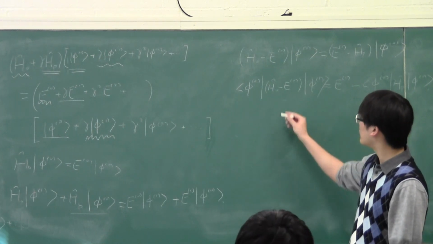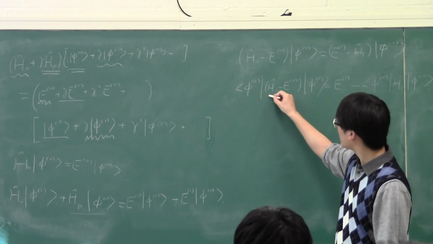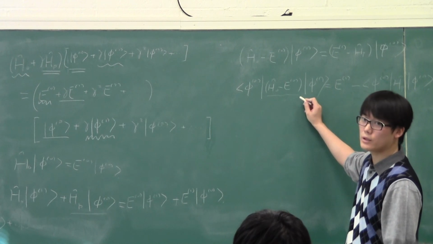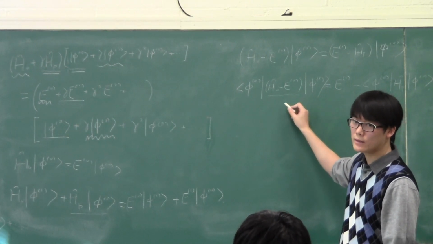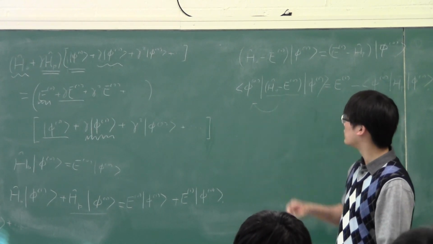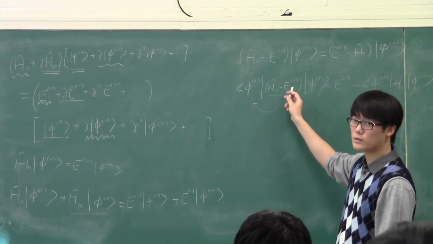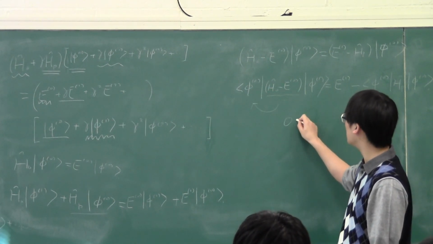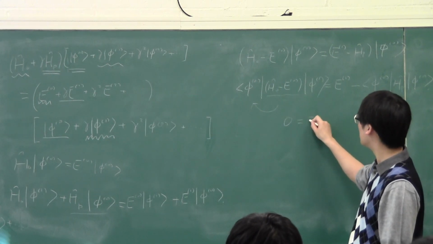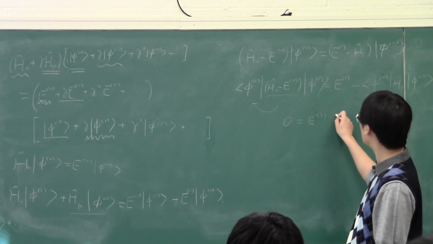Now if I think about this as an operator operating on the bra from the left, then this goes over here, and this gives you the eigenvalue, which is just E0. And so this side is 0.